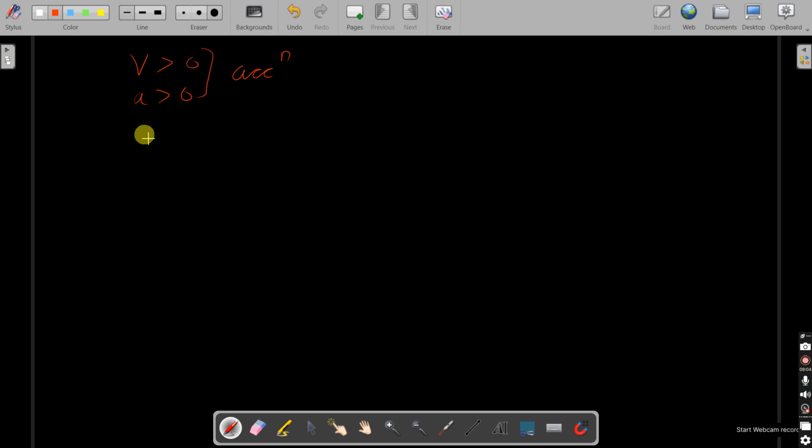And if the velocity is less than zero and acceleration is also less than zero, still the particle is accelerating because the direction and the sign is same for both of them. But if the velocity is positive, but acceleration is negative, then the particle is retarded.